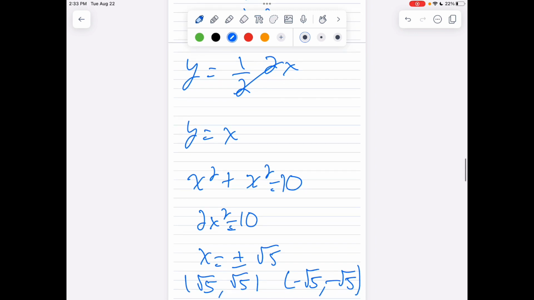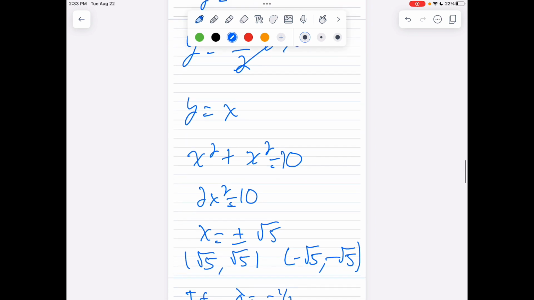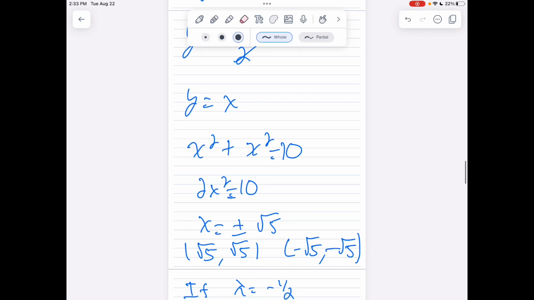If we do that, we get 2x squared equals 10, or if we solve for x, x is plus or minus root 5. So our solutions here would be root 5 comma root 5, because if x is root 5, y has to equal x according to this right here. And if x equals minus root 5, then the y value would equal negative root 5. So these would be 2 points that we're going to consider.